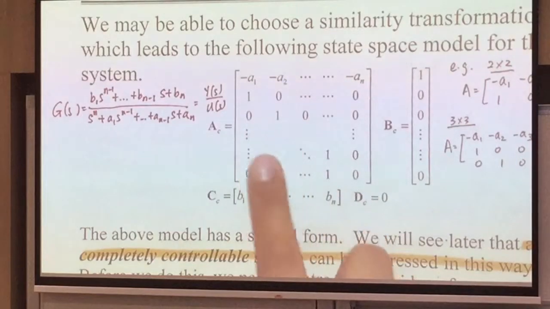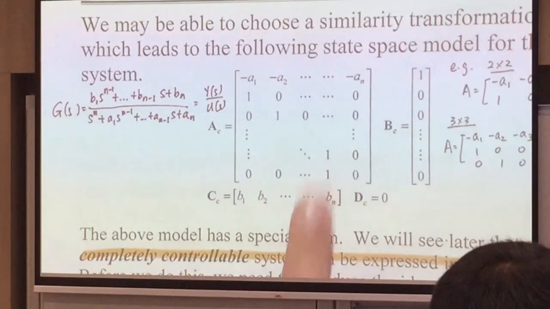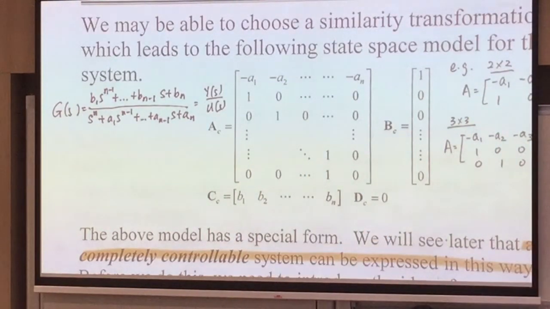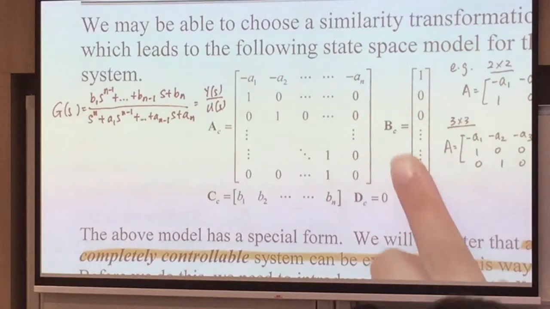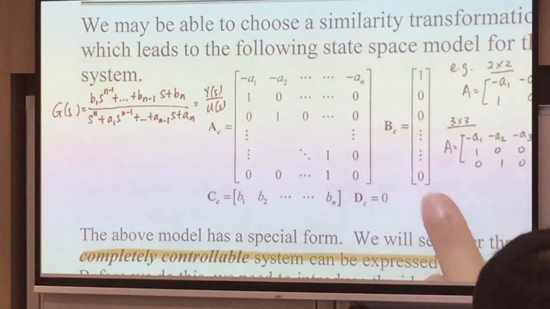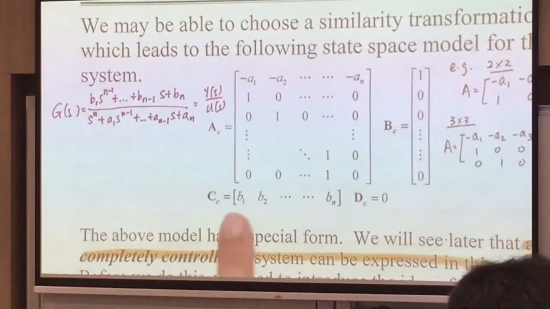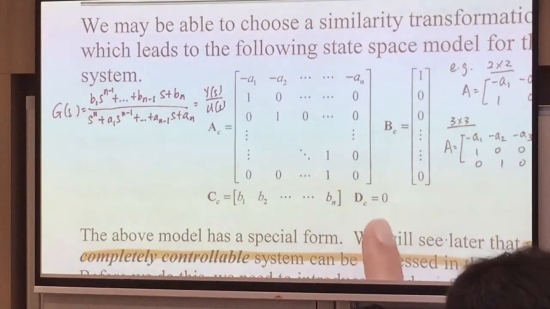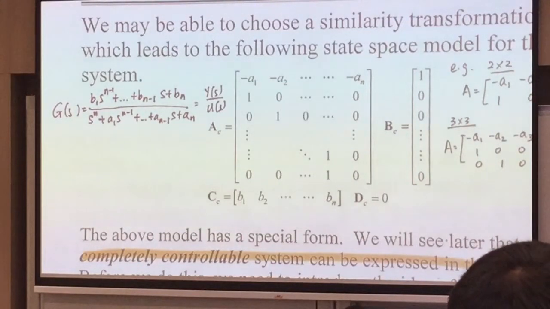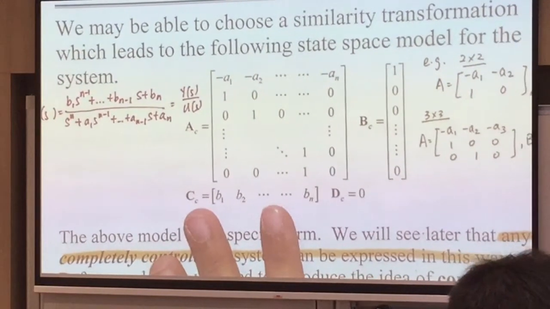In between is all zeros. B is standard, it's always 1, 0 and so on. C is the coefficient of the numerator, so it's B1, B2, all the way to Bn, and D is always 0.